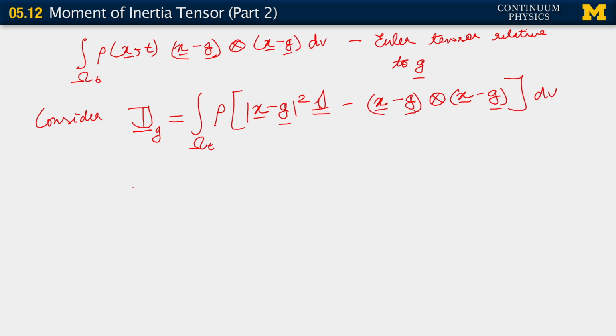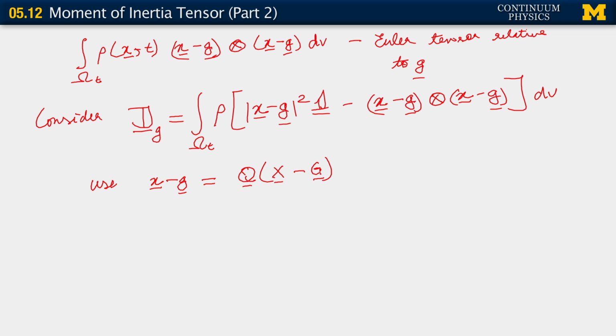Use the fact that x minus g, we showed early on when we rewrote the motion as translation of the center of mass plus rotation about the center of mass, is Q times the reference position minus the reference position of the center of mass.